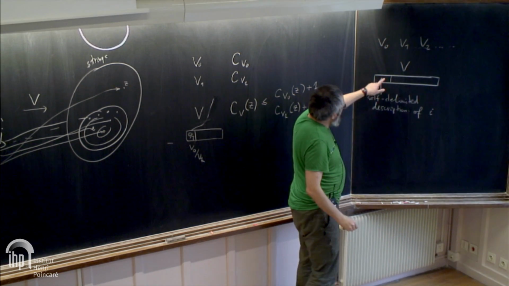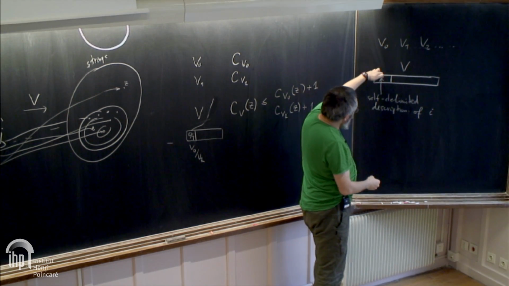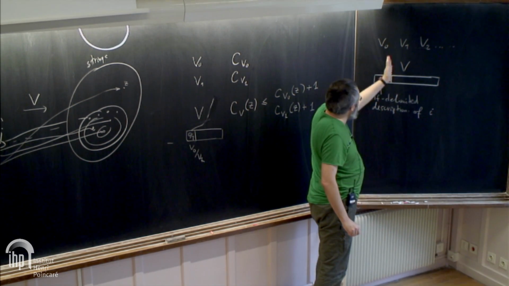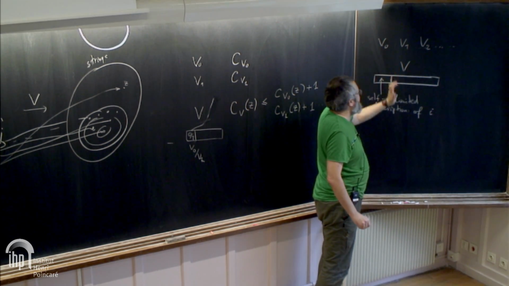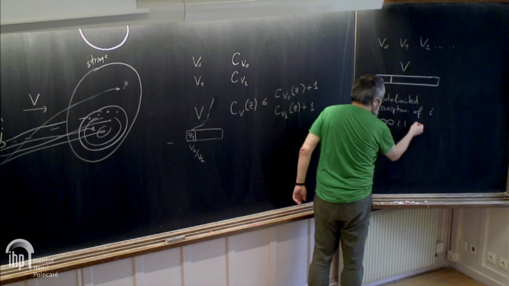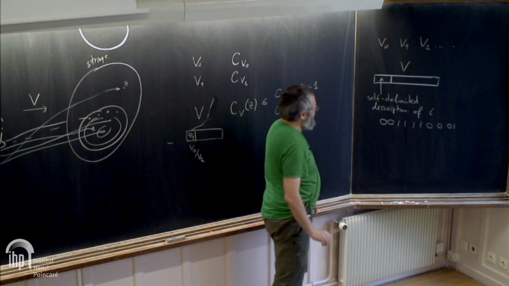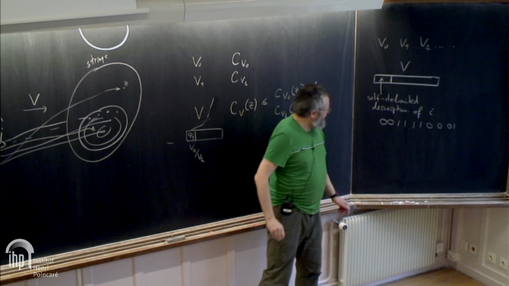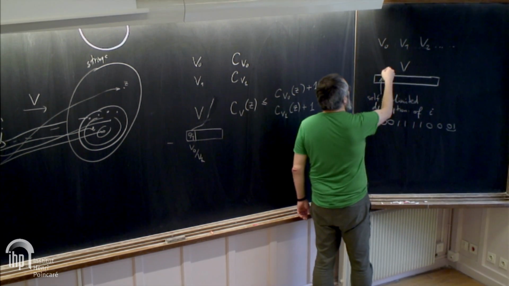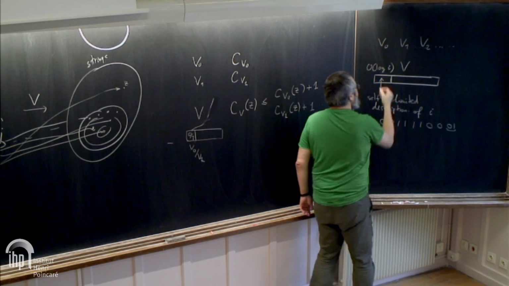We need it to be self-delimited in the sense that it's clear when it stops. If we just put a binary representation of i, this is bad because we do not know when we should stop reading it. But you can double each bit, 0 0 1 1, and then put a block of different bits as a termination signal. So this overhead is O of log i.